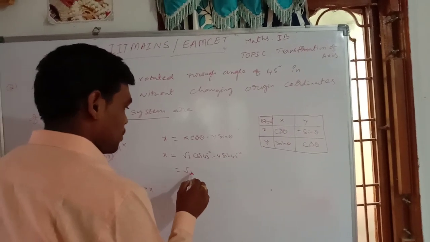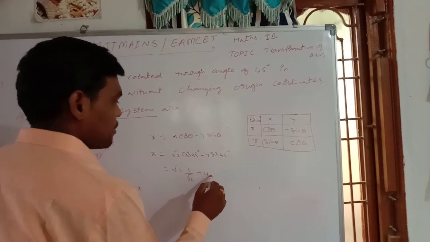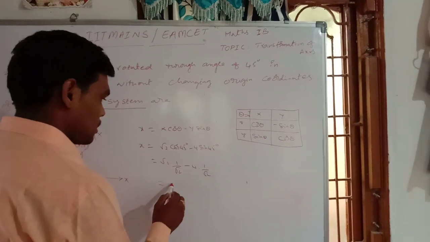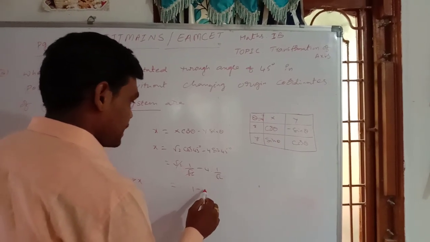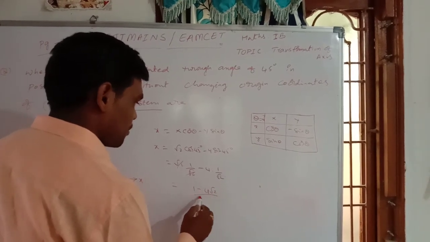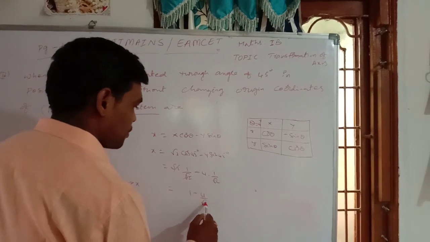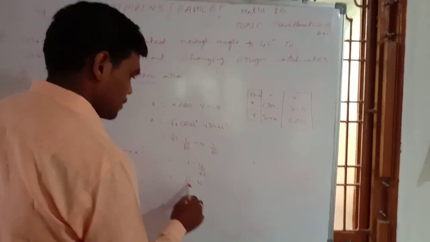Now root 2 into cos 45 degree value is 1 by root 2, minus 4 into sin 45 degree value is 1 by root 2. This is root 2 cancel, 1 minus 4 by root 2, and this is root 2 minus 4 by root 2.